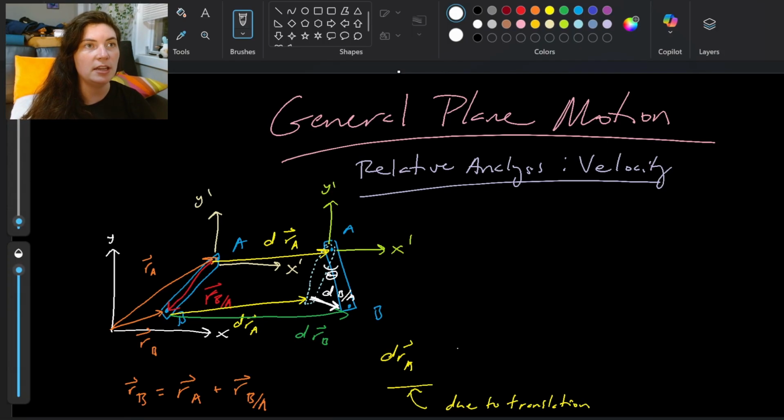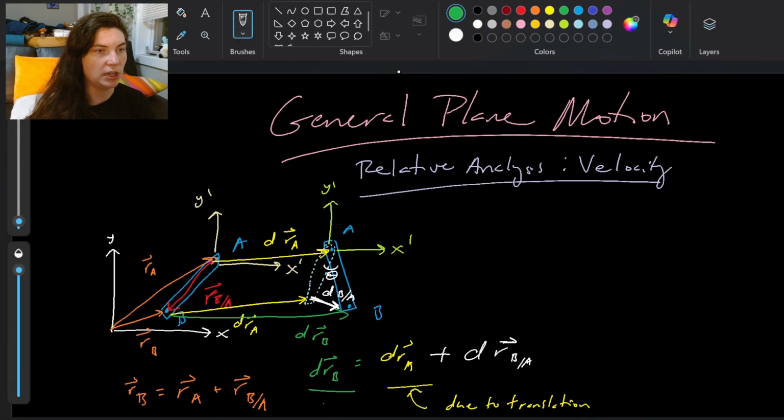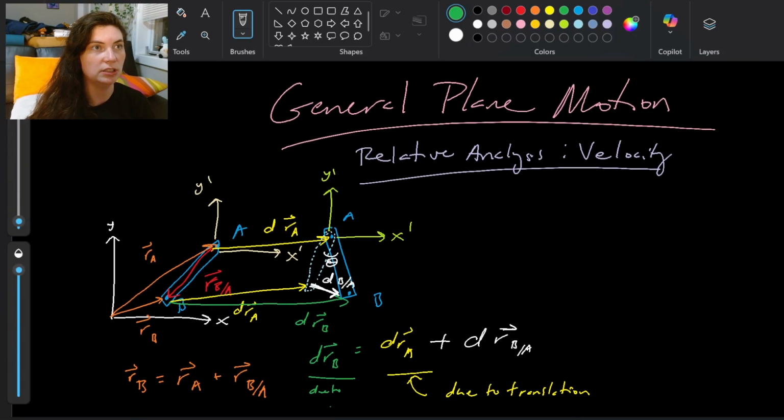Then from the rotation, I've got the change in position of B with respect to A. And that's going to equal my displacement RB, the position vector RB, how RB is changing, where the change in RB is due to translation and rotation.